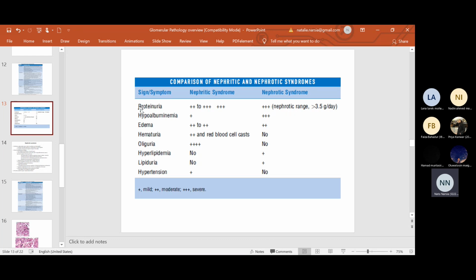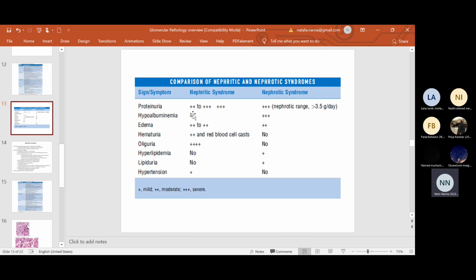Don't get confused. If you find proteinuria in both cases, always pay attention to the amount, okay? More than 3.5 grams should be if it is nephrotic. In nephritic you can have mild to moderate.